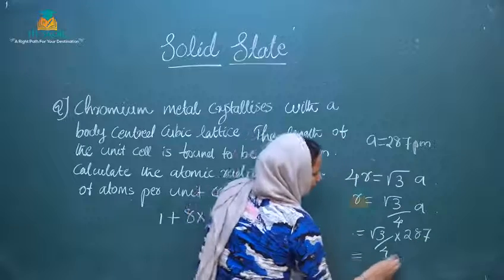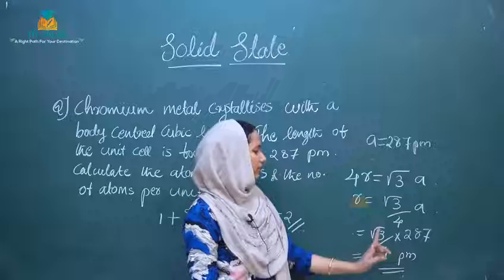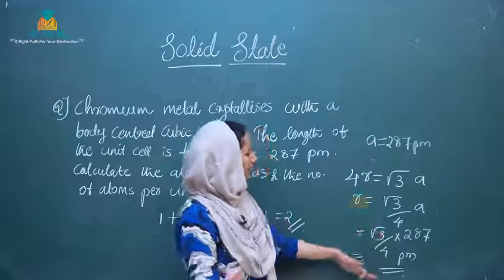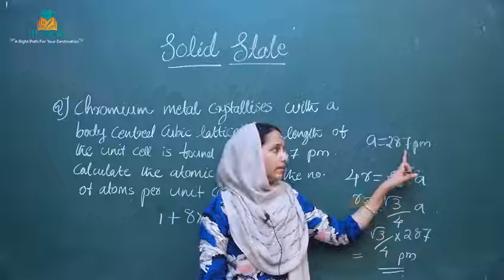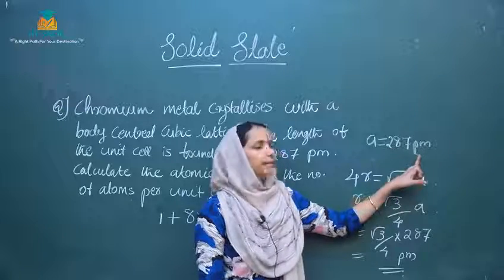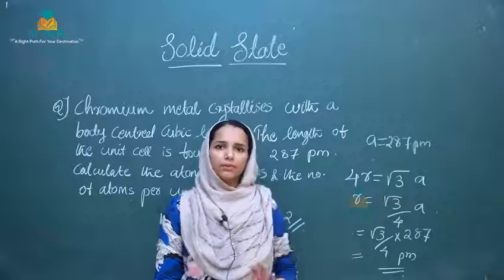So you will get the answer in picometer. This is the way, using a calculator you can solve this problem, right? If the question is in centimeter or meter, you have to convert the picometer accordingly. So this is a very simple problem.